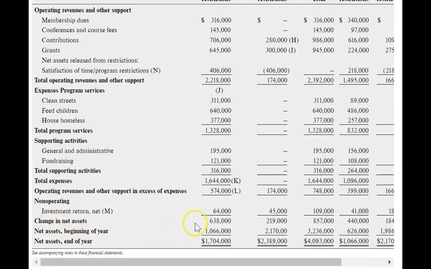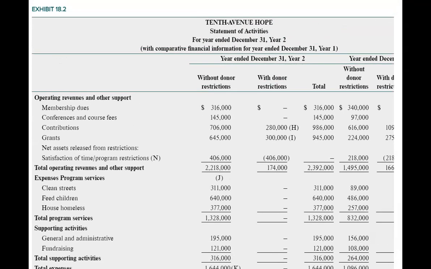And this change we add to the beginning amount of their net assets, or the previous year's ending amount of the net assets, and that will give you the ending balance of net assets for the current year. But remember, everything they present, they have to categorize into 2 columns: without donor restrictions and with donor restrictions.